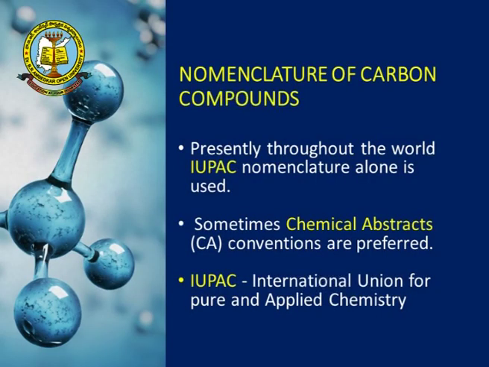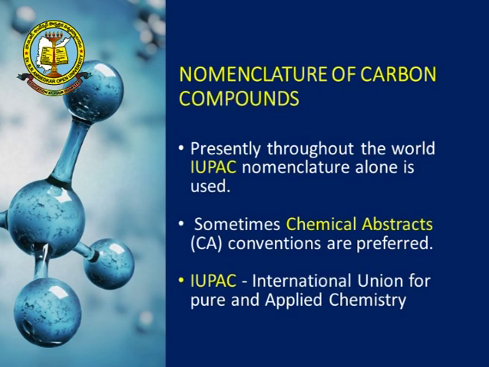Now, we will pass on to the topic of how to name these compounds. Naming these compounds: so many numerous compounds are there, how to identify them? In order to identify these compounds, we have to learn to name them, and this system is known as the IUPAC system.